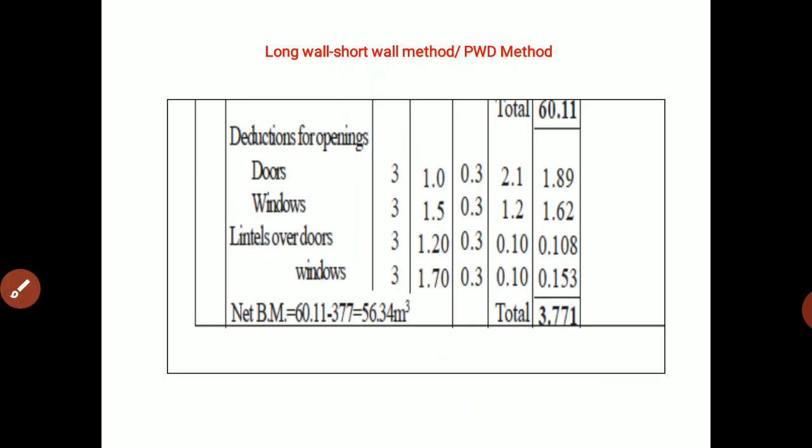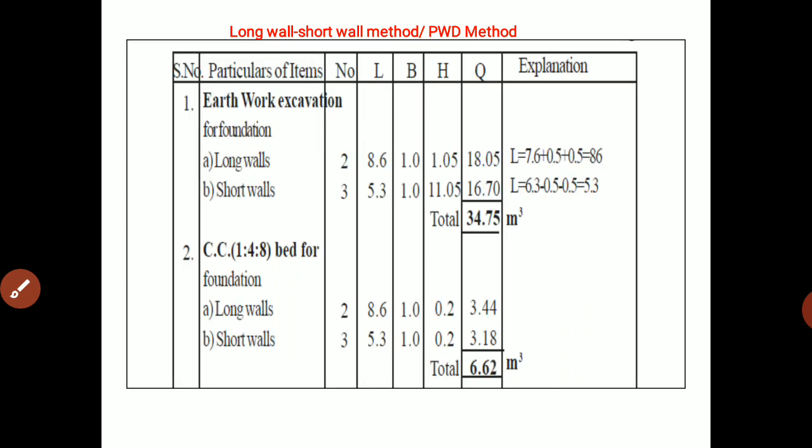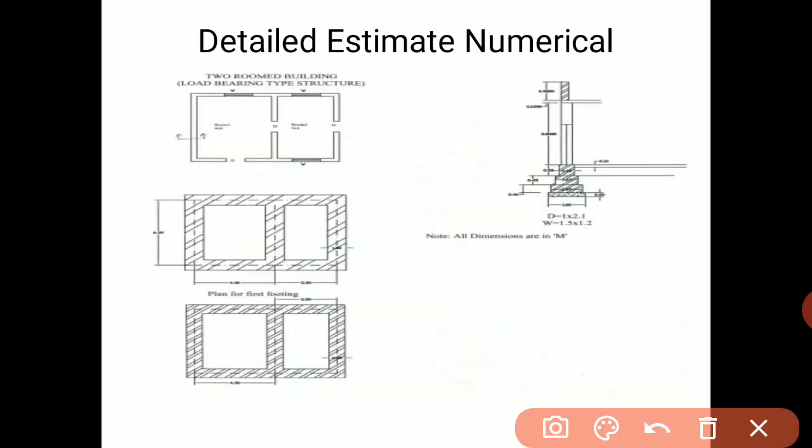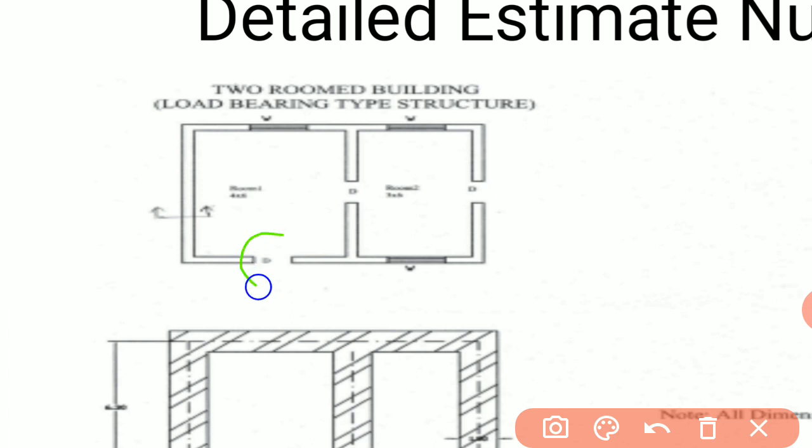Next, the important part I am telling about this brickwork is deductions. So we are going to deduct for doors, windows, lintel over doors or windows. Again I'll show you in the plan, these are the openings. See this plan. This is the main door over here, this is second door and this is third door.